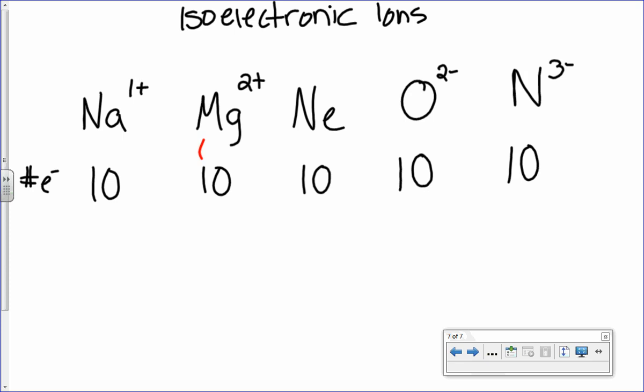Magnesium has an atomic number of 12. So in its nucleus, there are 12 protons. And how many electrons does the ion have? 10.